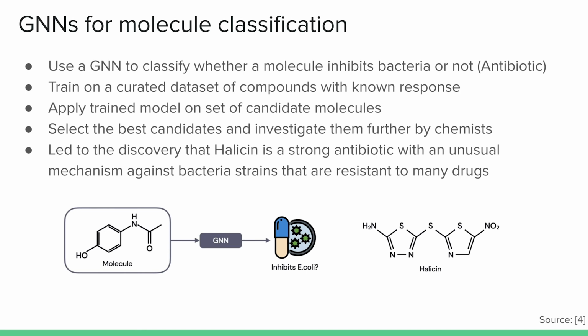And this procedure actually led to the discovery that halicin is a strong antibiotic with a very unusual mechanism against bacterial strains that are resistant to many drugs. It made the headlines as AI helps to discover new antibiotics. But now that you know about this, you know how it came about and what's actually underlying here.